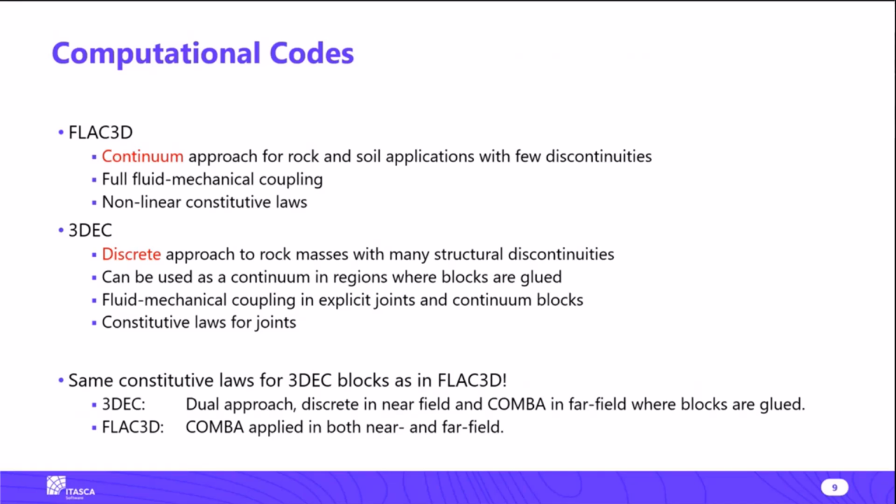In 3DEC, if we want to use the Comba model, we typically use a dual approach, whereby a discrete approach is adopted in the near field and Comba is used in the far field where the blocks are glued together. And in FLAC 3D, Comba can be applied in both near and far field.